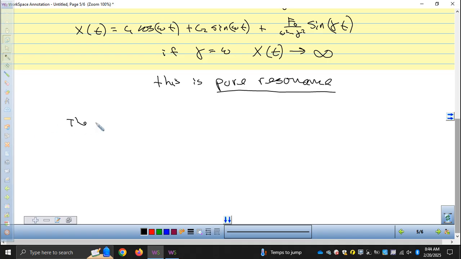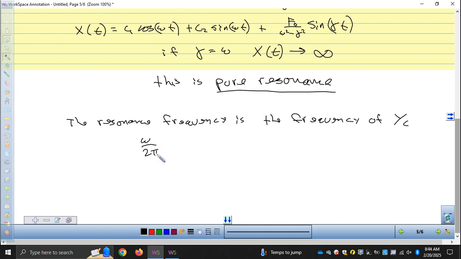So the resonance frequency is the frequency of the complementary solution. In this case, it's omega over 2 pi.